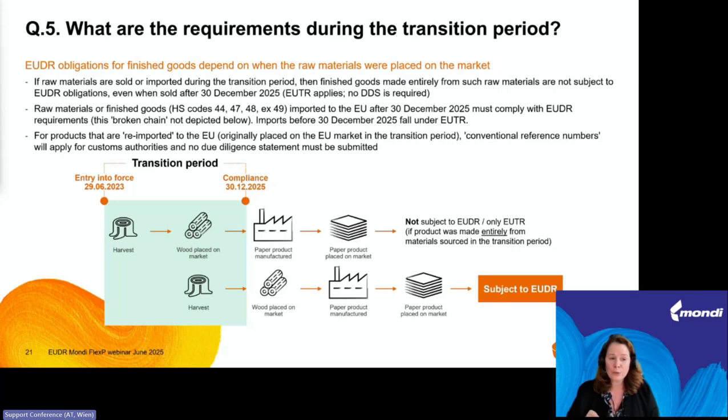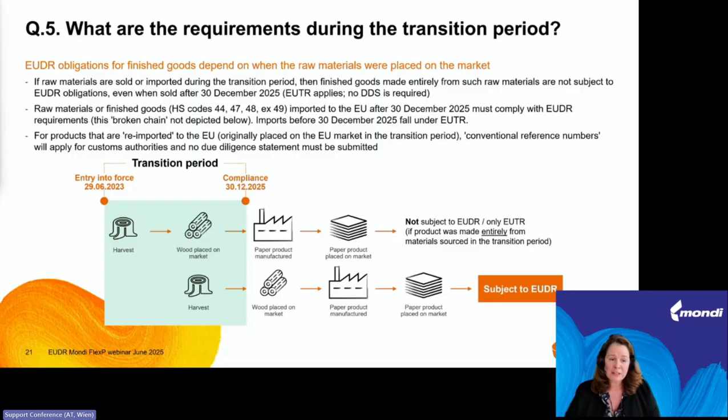They fall under EU Timber Regulation. This means that there is no due diligence statement that's required, and all of those additional processes and documentation are not required, even when those products are being sold after the 30th of December.